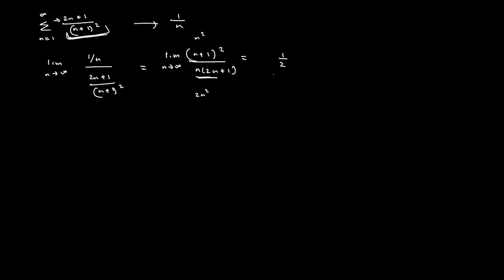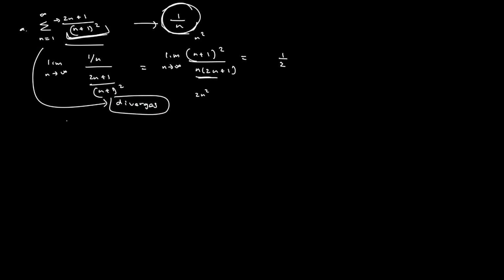And according to the limit comparison test, since we get a constant that's greater than 0, both these series will have similar diverging or converging behavior. And we know through the p-test that 1 over n diverges because p over here is 1. And so since 1 over n diverges, this sum also diverges through the limit comparison test. So we know that this diverges.